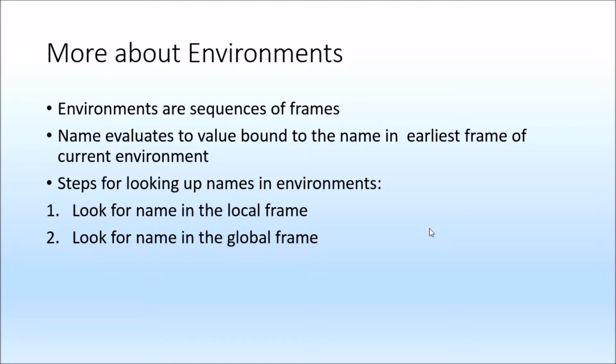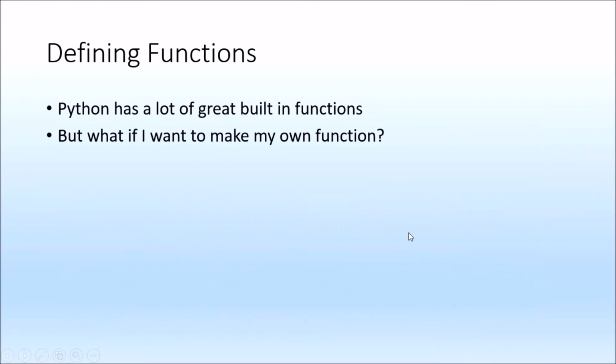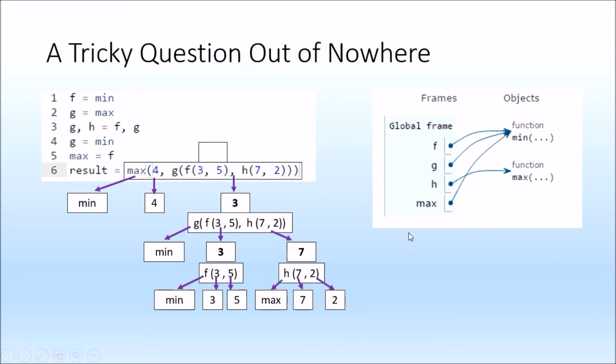Okay, I'm pretty much done now, but before I end, there are a couple of things I want to talk about. A lot of times, the best way to learn this material is to just play around with some crazy stuff. Here, I made this example on my own, trying to confuse you as much as I can, but I encourage you to go on Python Tutor. I'll have the link in the description of this video.